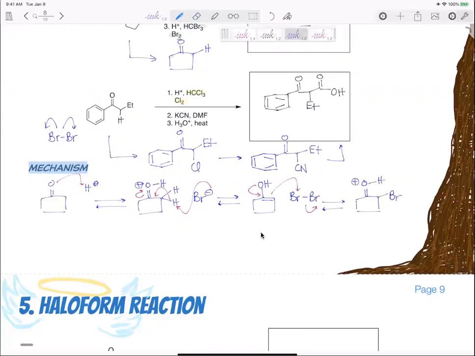And of course, the last step is going to be irreversible because the other remaining molecule of bromine is going to come here to grab that proton to give me my product here. And that's the alpha halogenation process. Okay. Same thing happens if you have chlorine. It's just instead of bromine, you're dealing with chlorine. The mechanism, the arrow pushing, is exactly the same.